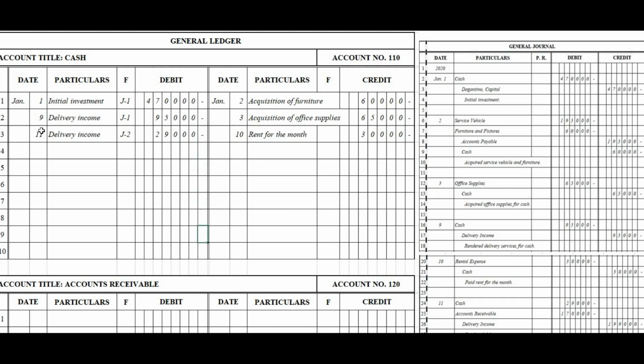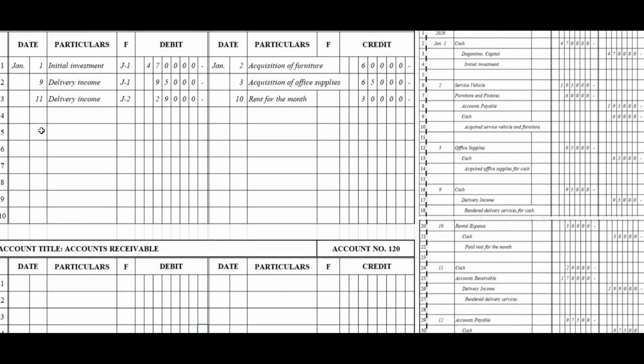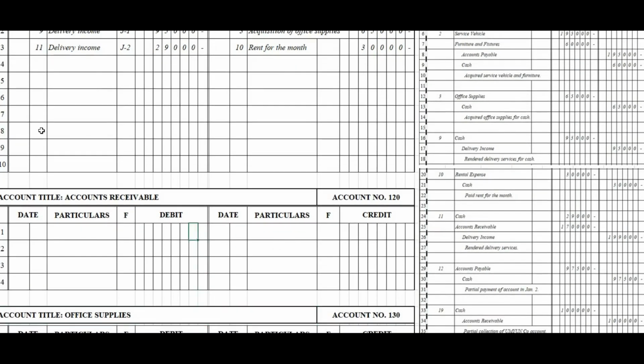And then another one is your accounts receivable. So lagyan lang natin ng date. January 11. So this is delivery income. So this is page 2 already. So the amount is 170,000.